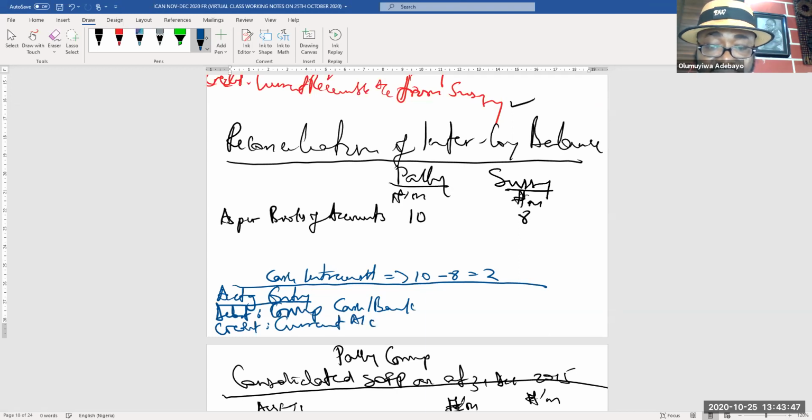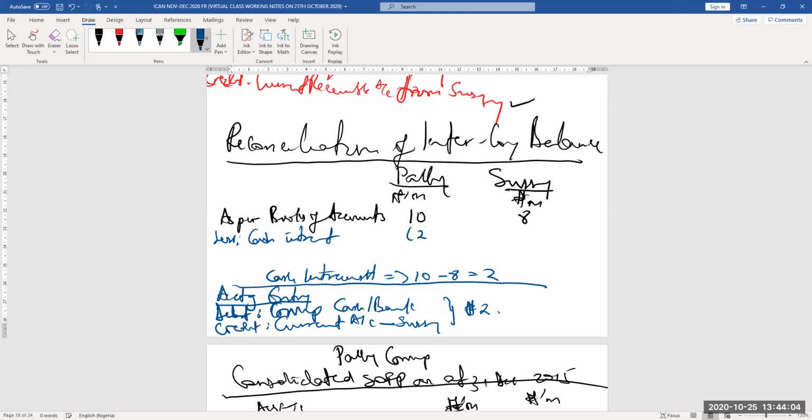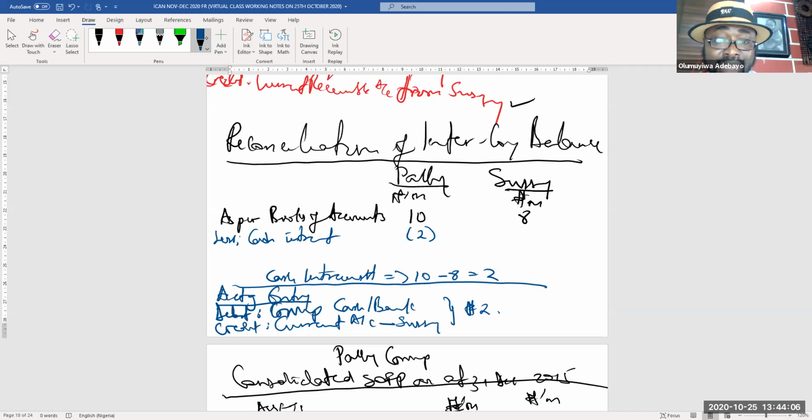Usually, you can pass it to the current account of Pali, which is the payable account. At the end of the day, what do you have? 2 million. What this simply means is that when you come here, you say less cash in transit. When you remove it, because you are crediting an asset account, what you are doing is reducing it. What is it? 8. Therefore, this is now what we call the agreed intercompany balance.